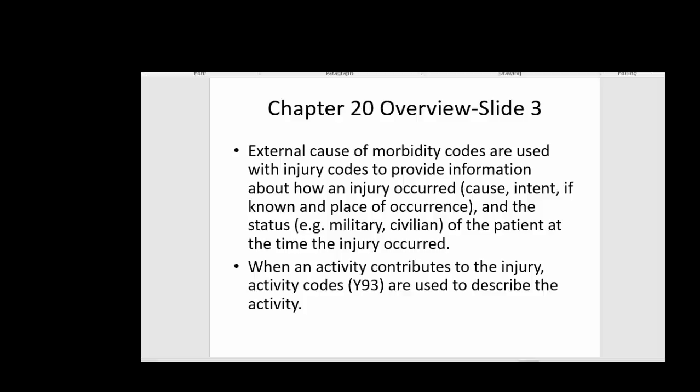All those status statistics are kept by the hospitals, reported to certain entities. Who knows why? I'm assuming they use them to report on how often people get injured when they're working in a certain field or doing a certain activity. Speaking of activity, when an activity contributes to the injury, there's an activity code, category Y93, that is used to describe the activity.